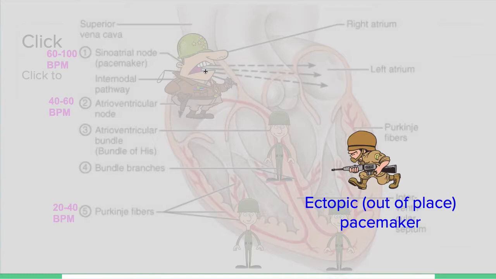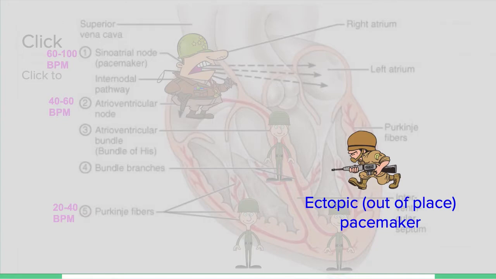So fire. He's setting the rhythm. He's trying to set the rhythm as much as possible. But this one decides, actually, no, I'm good. I want to go at 100 beats per minute, or 200 beats per minute, or 75 beats per minute. I don't give a flying hoot what you're saying. I'm going to do it myself.